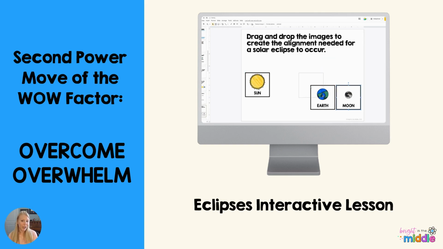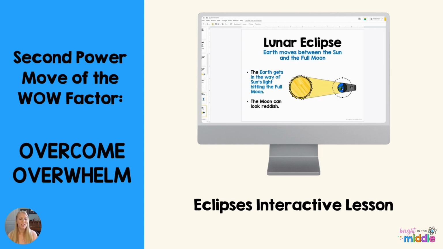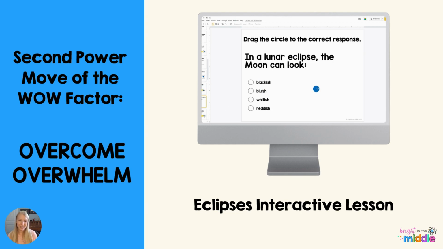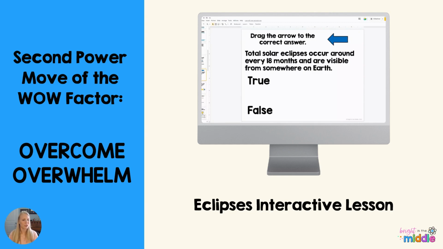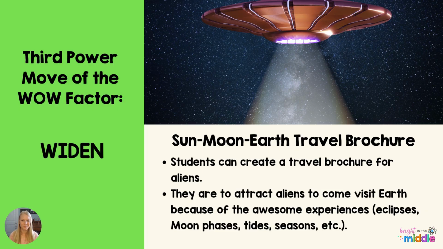And in this one, students can actually model what is needed to happen for a solar eclipse to occur. So you get chunks of information that are segmented, and you have an activity where students can process information. This is a great way for students to take it all in, take a break, think about what they just learned, and apply it. I'll link it below.